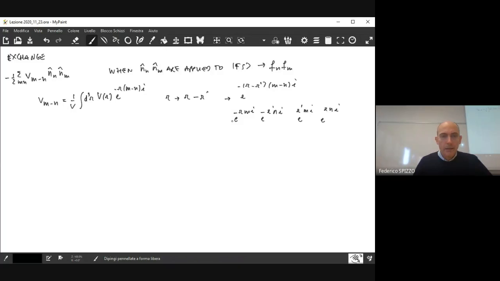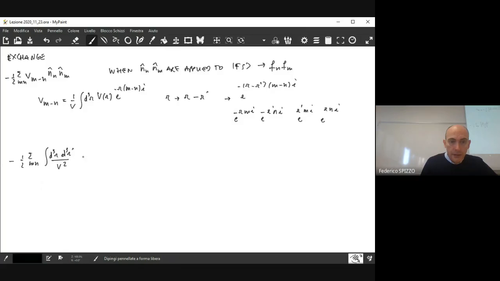In this case, if I now write down the full integral, I have minus 1/2 summation over m and n of the integral of d3r d3r prime. I have one volume coming from the definition of the Fourier transform and another volume coming from the introduction of the d3r prime integral.